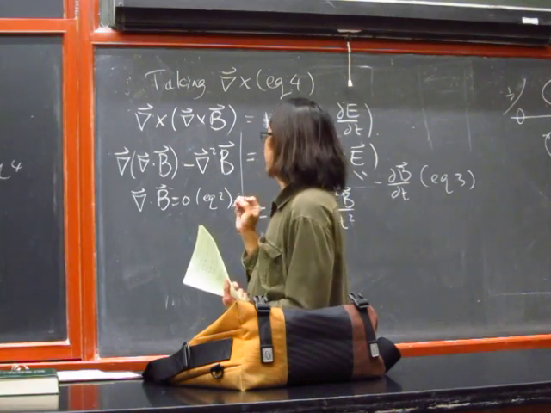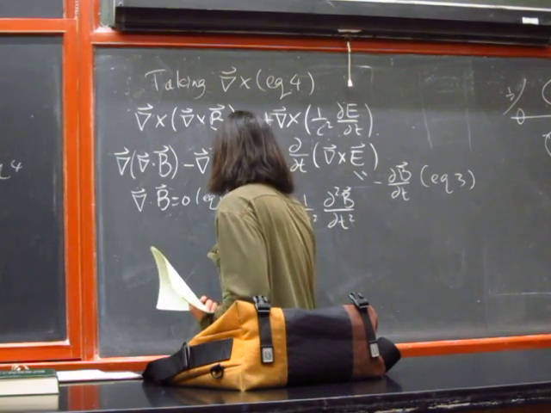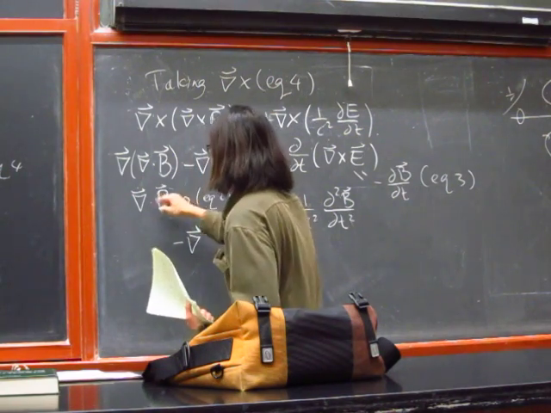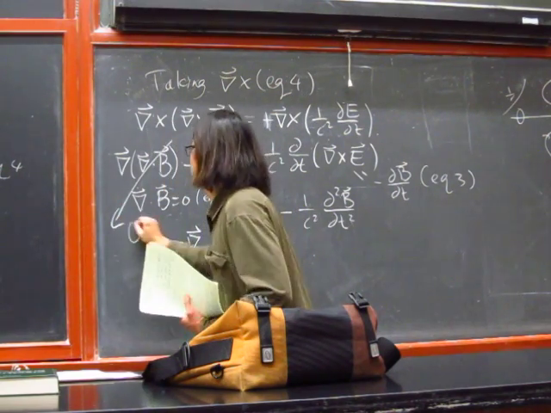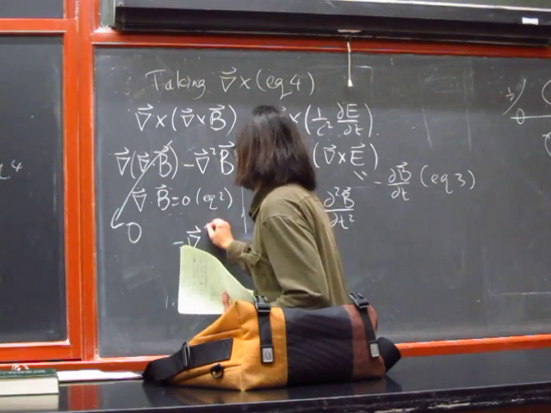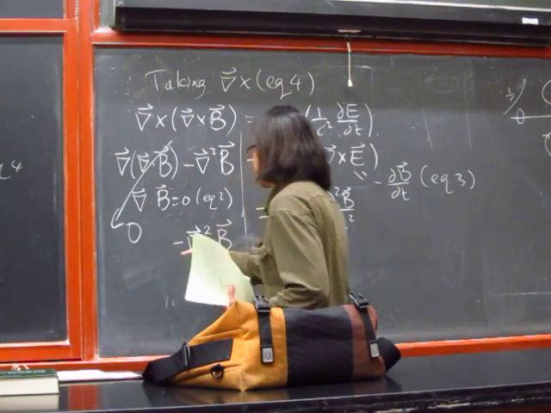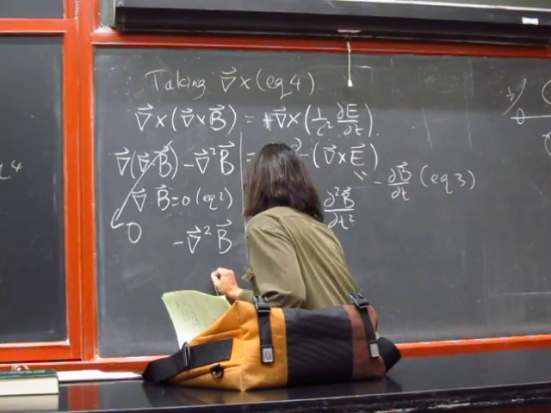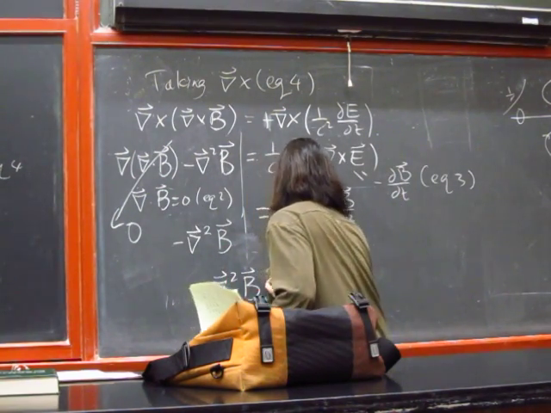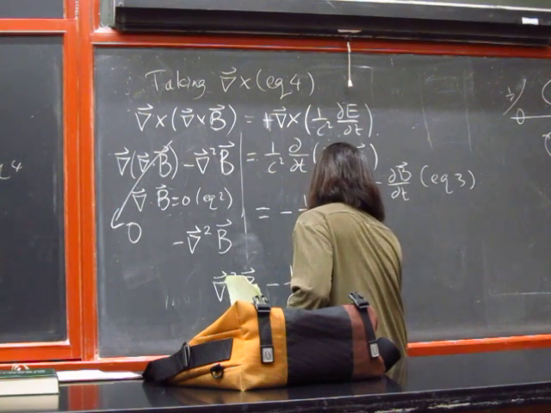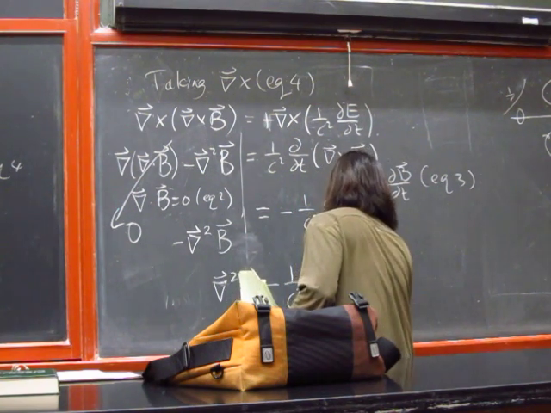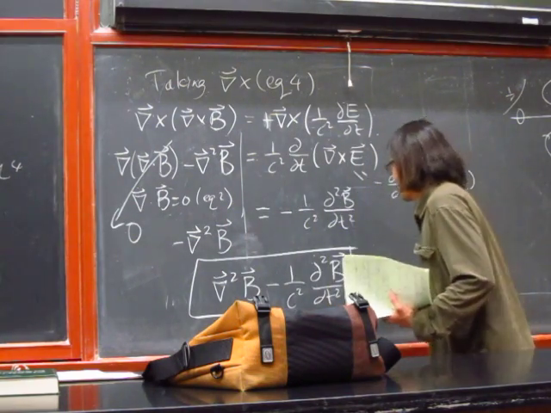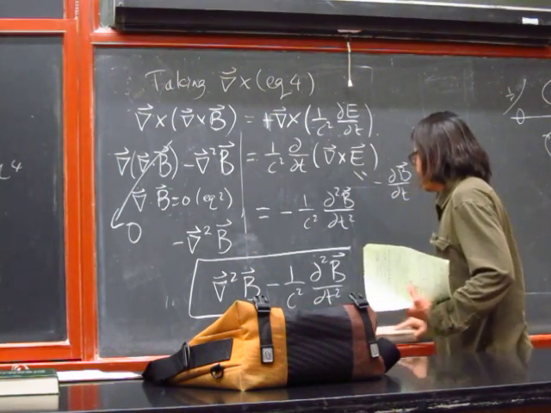Now there's a lot of math here, unfortunately. So this drops, and you're left with the Laplacian of B with the minus sign. So this will give you the Laplacian of B minus 1 over c squared d squared B over dt squared is equal to 0.